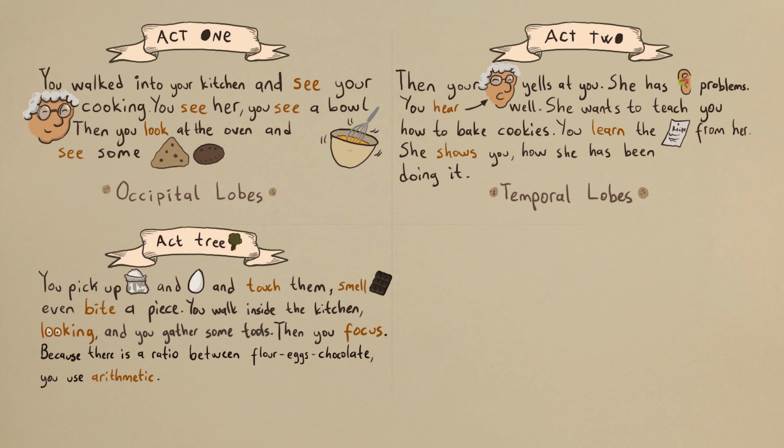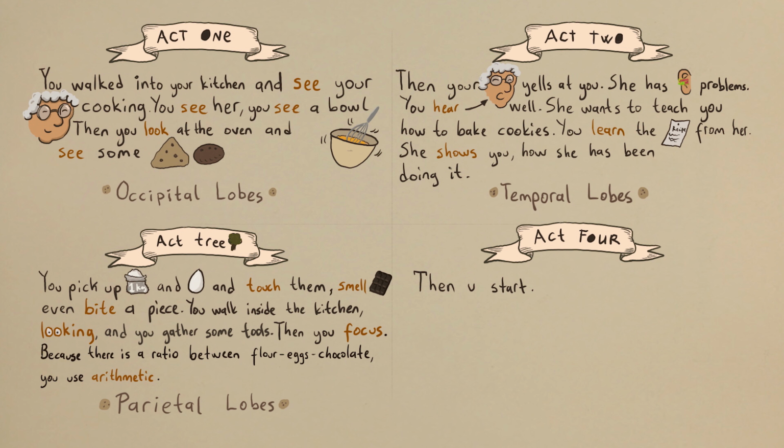You use your arithmetic knowledge. Your parietal lobes were working here. Your sensations, everything you sense, taste of chocolate on your tongue, texture of flour and eggs in your hands. Attention and arithmetic knowledge also happen in these lobes. When you walk inside the kitchen to get some tools, you have been using spatial localization.